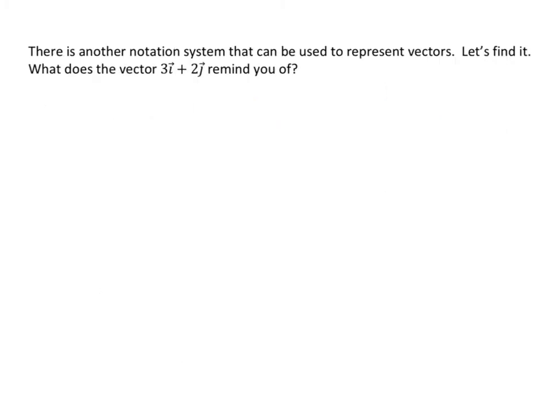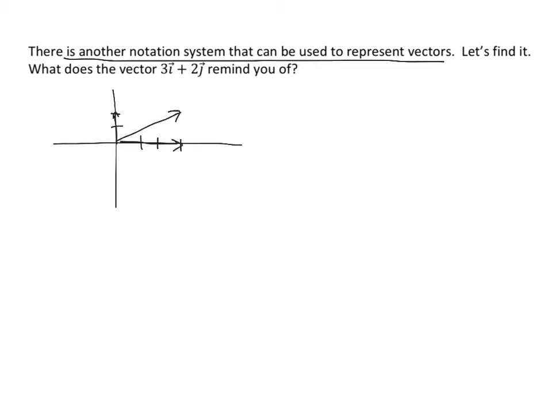I mentioned on the previous slide that those graphs that we were doing, those vectors, probably reminded us of something. And that thought is going to lead us to the idea of a different notation system that we can use to represent vectors. So when we draw the vector 3i plus 2j, it would be like this. This would be 3i plus 2j. What does that remind you of?